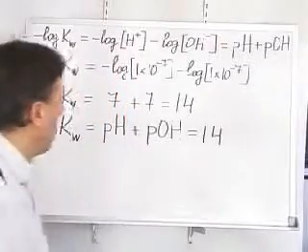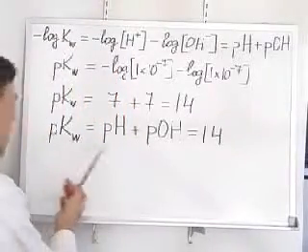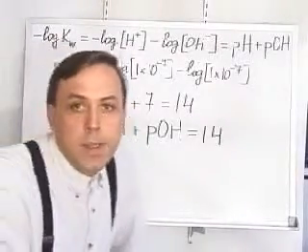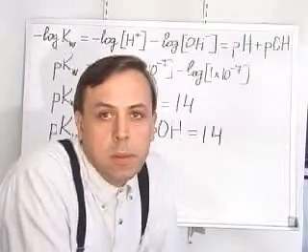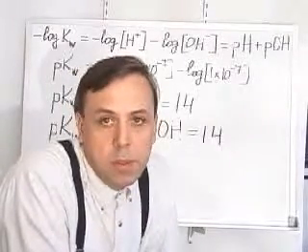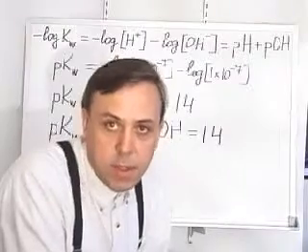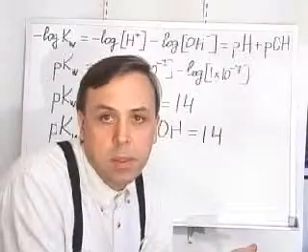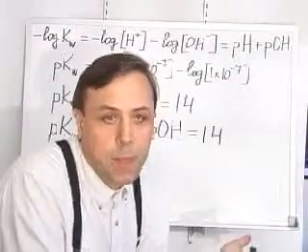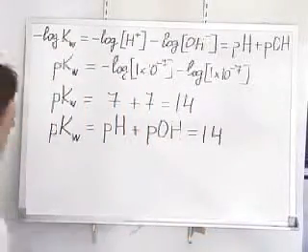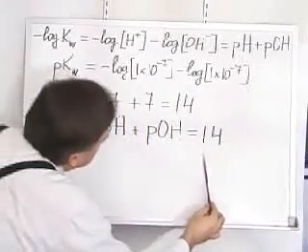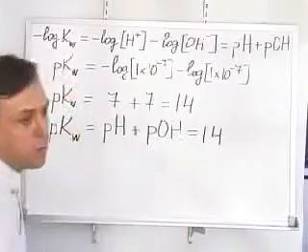After all, Kw, pKw respectively, is an equilibrium constant. And as any equilibrium constant, its value should be, as the name suggests, a constant for a given temperature. Nevertheless, the constancy of 14 can be maintained in different ways.